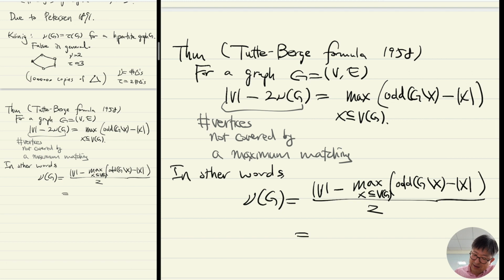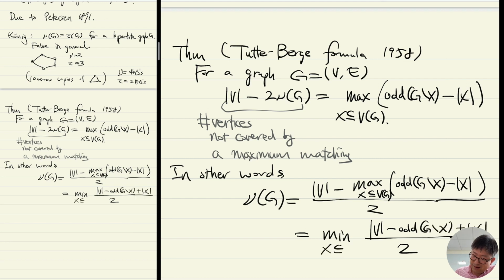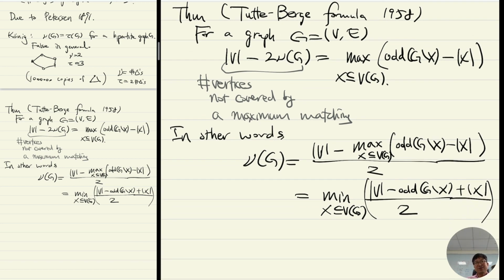Or if you like the other form, the minimum among all sets X of this number. So on the left hand side you have the maximum size of a matching, on the right hand side a minimum of something. So you can think of this as a formula to tell you the size of a maximum matching in a graph. But what I really like is this formulation where it tells you something.